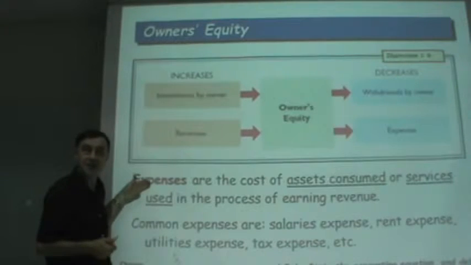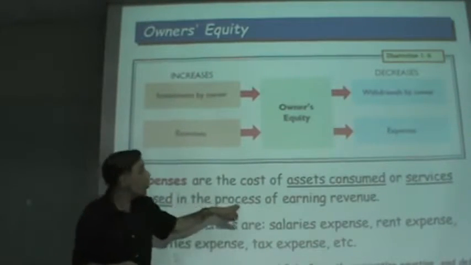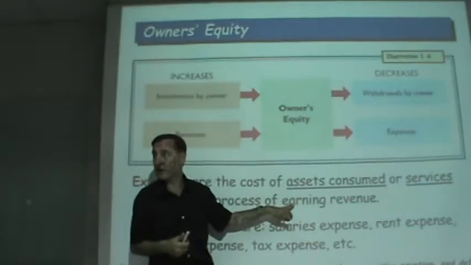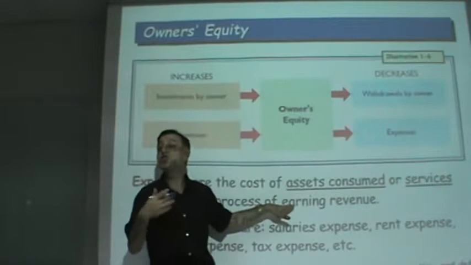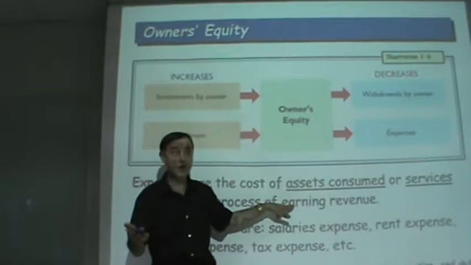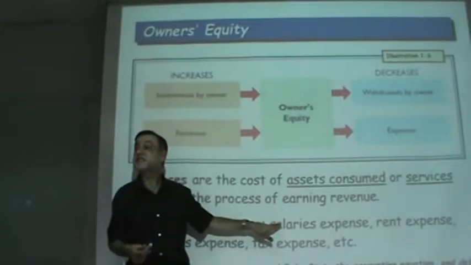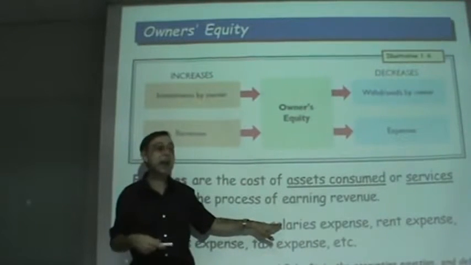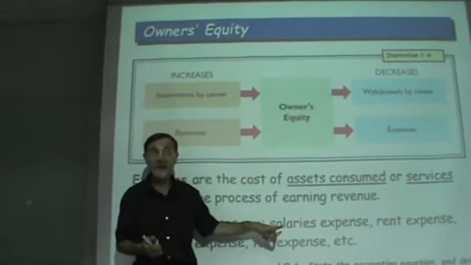So expenses are about spending money in order to earn revenue. Earn is the same as what we like to call generate revenue. Okay? And the common expenses are salaries. Every business has employees. You got to pay a salary.